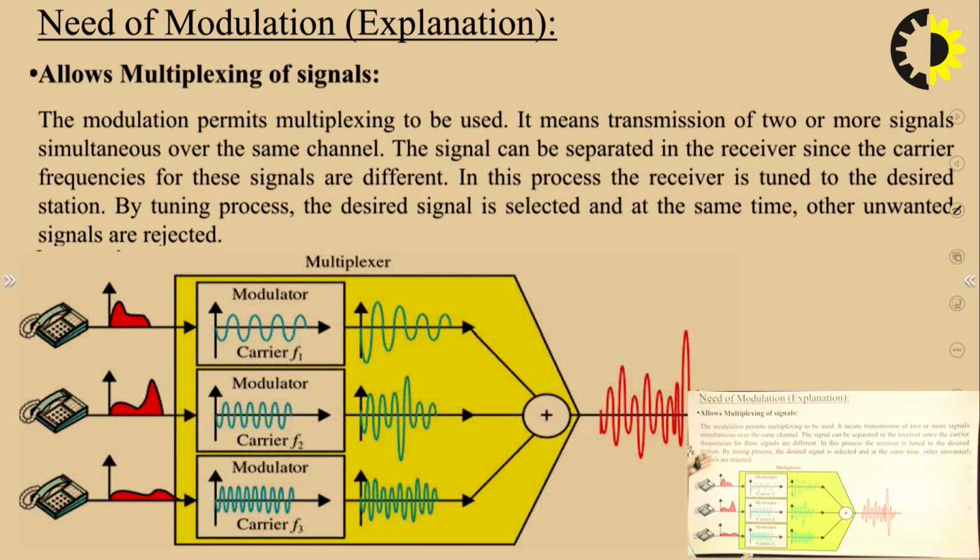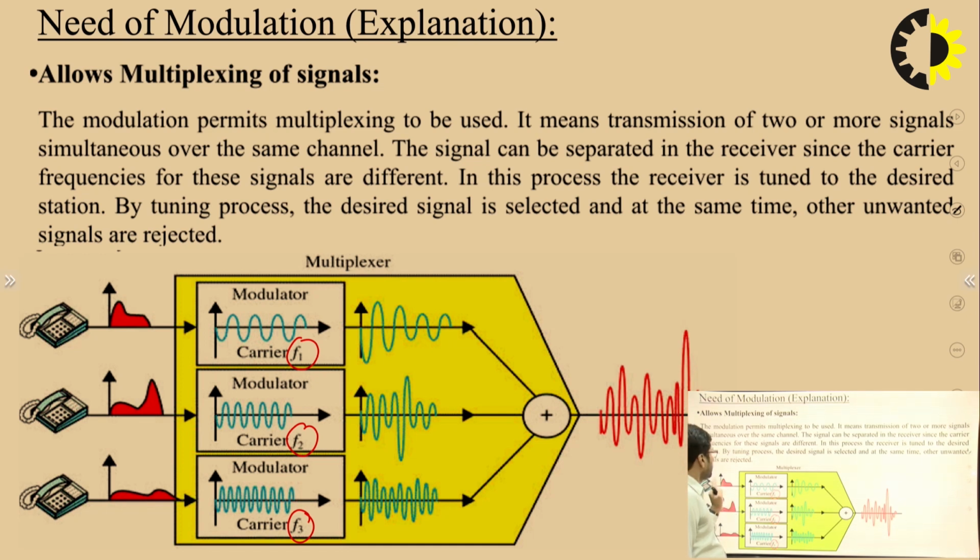So these are three different signals, each having some frequency, and we want to transmit all of them over a single channel. It is possible with the help of three modulators, which have different carrier frequencies: f1 in the first modulator, f2 in the second, and f3 in the third.